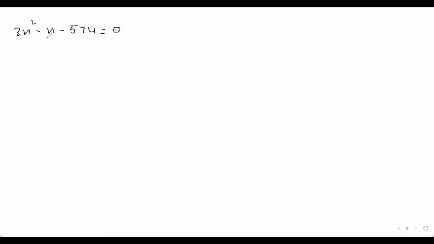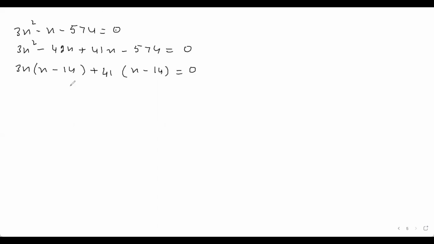Now I'm going to split the middle term. So 3n square, I'm going to factorize it now. 3n square minus 42n plus 41n minus 574 is equal to 0. Take 3n common, n minus 14 in the bracket, plus 41 common, n minus 14 in the bracket is equal to 0.